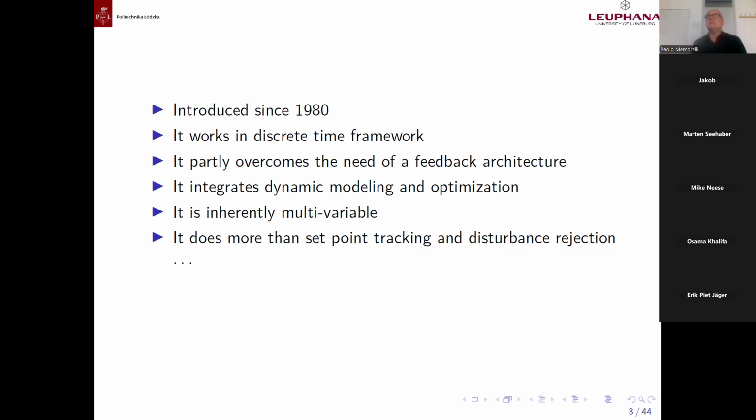We can apply also, we can include also problems in multivariables, not only one goal could be fixed. And we have a very good also, let me say, reaction of disturbances.